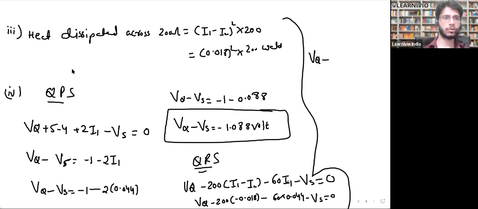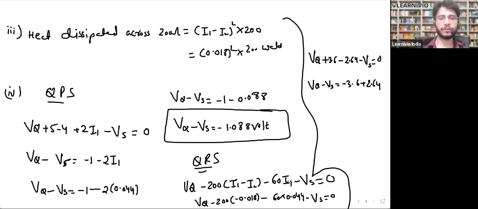So it's 0.018 multiplied by 200, plus 3.6. 3.6. 60 into 0.044, 2.64. That's negative. So VQ minus Vs is minus 3.6 plus 2.64.